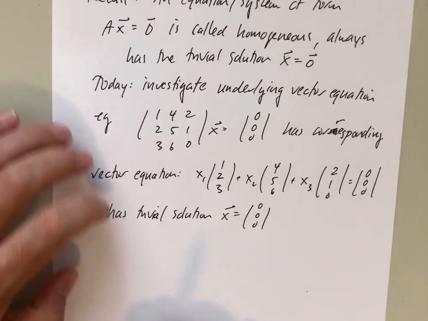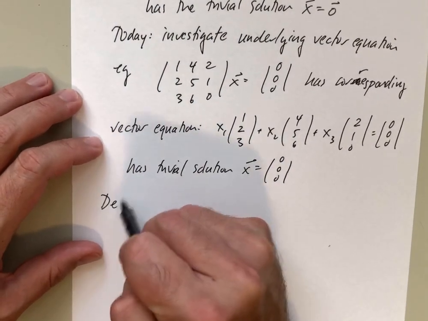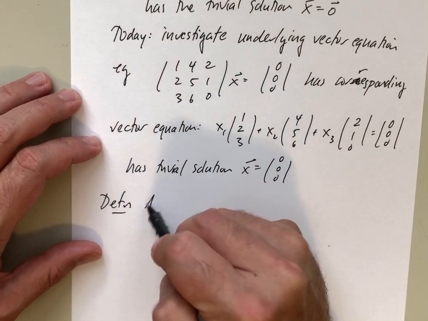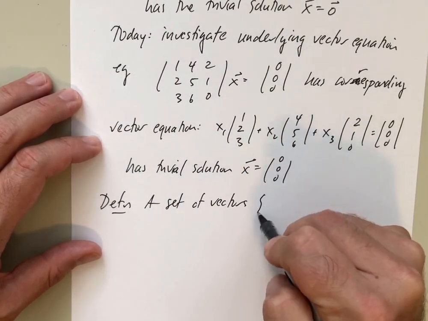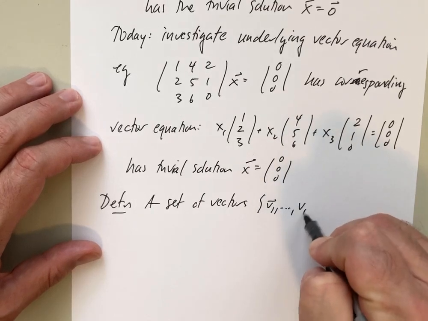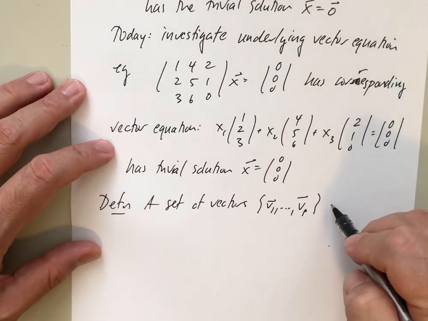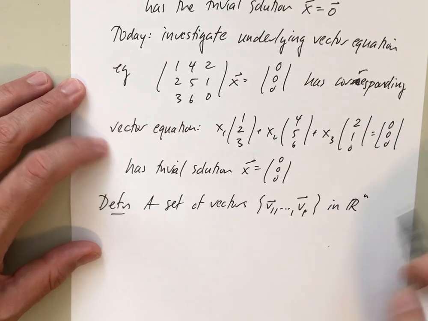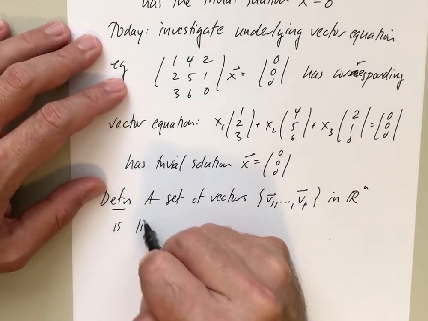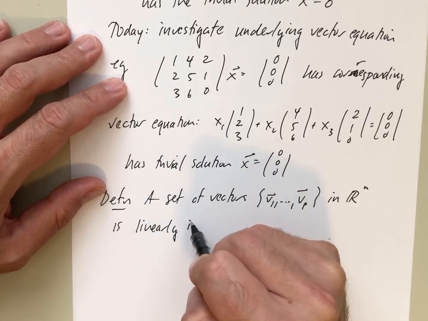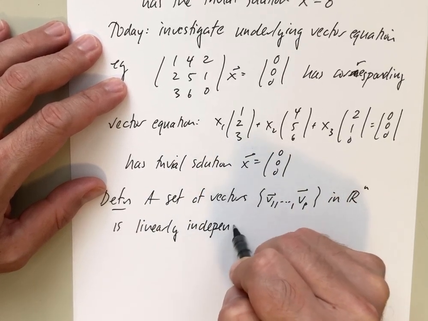So that's going to inspire our following definition. A set of vectors, we call them v1 through vp, let's say I have p of them, and let's say these sit in R^n, meaning they each have n entries, will be said to be linearly independent. That's our main definition of the day.